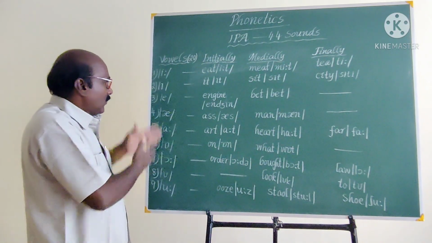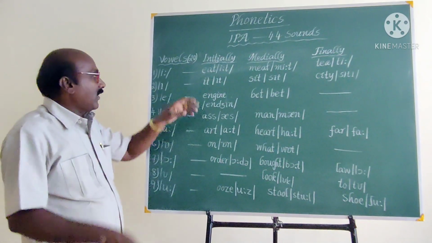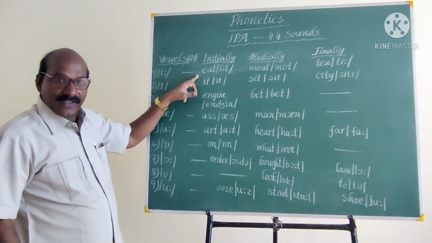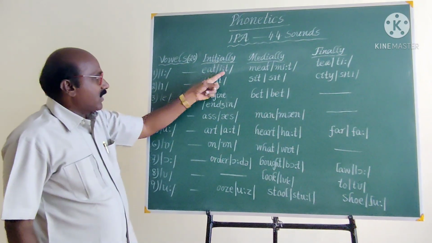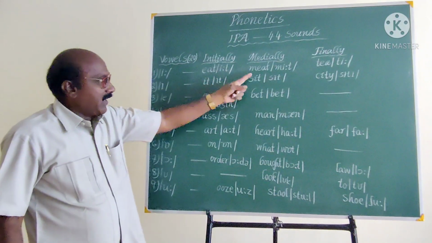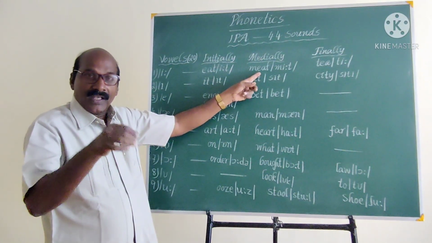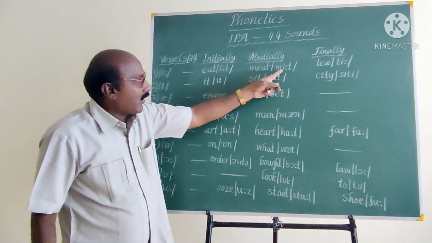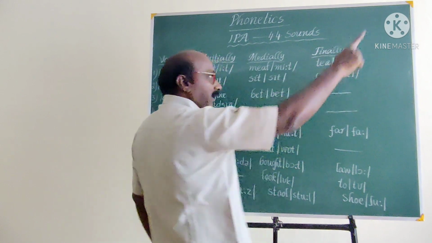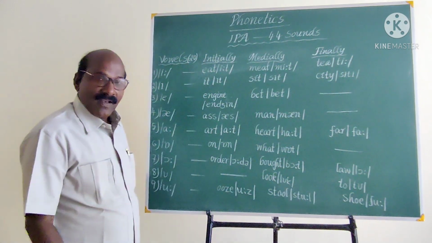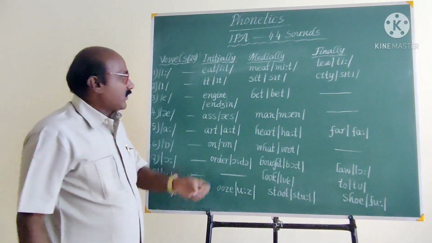In case of the word eat, initially we say E, eat. Medially, meat. In the middle, we get the sound of E, meat. And finally, tea. When the word ends with E, that finally it occurs.